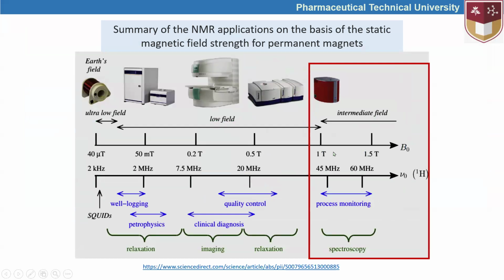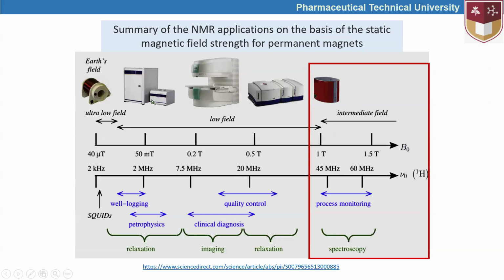And here we can see the linkage between Tesla and megahertz. 1 Tesla is around 40 megahertz, and 1.5 Tesla is around 70 megahertz.